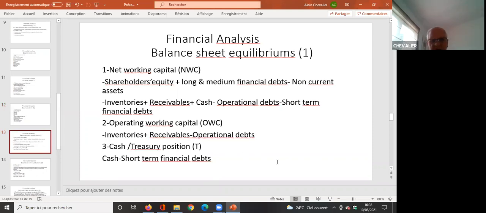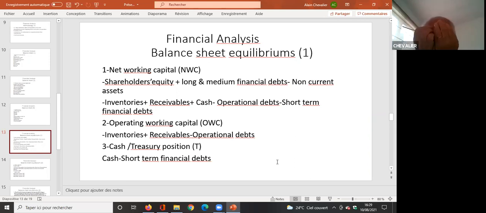So what are the main equilibriums in a balance sheet? This is the question raised here. And the answer is very traditional and simple. We have 3 different equilibriums in the balance sheet. The first one is what we call the net working capital.